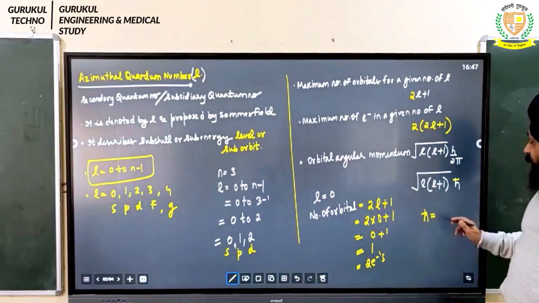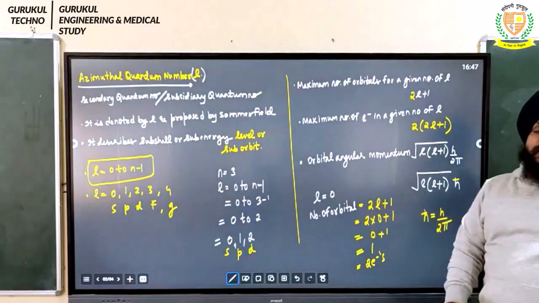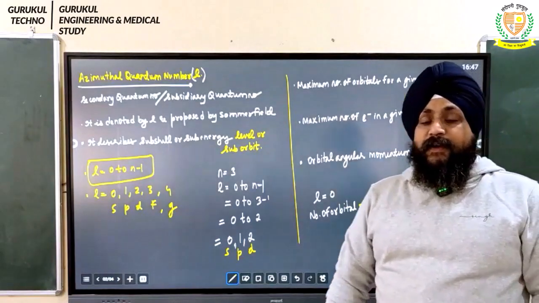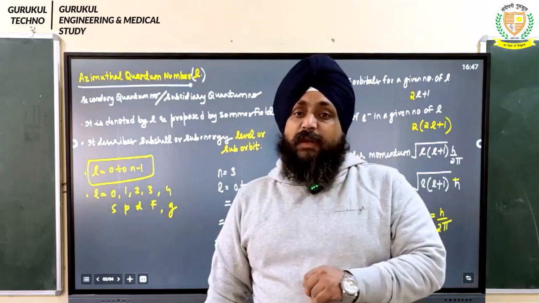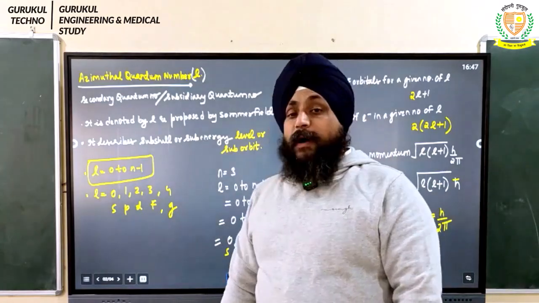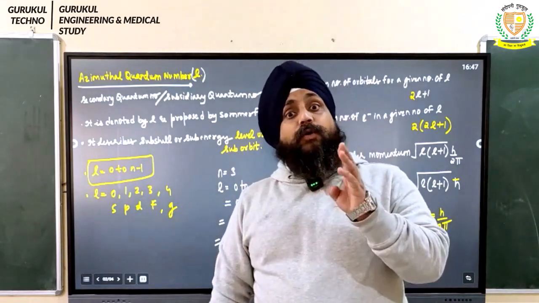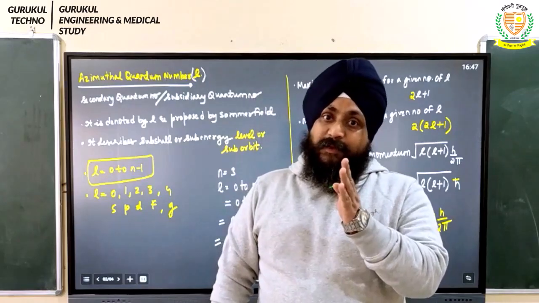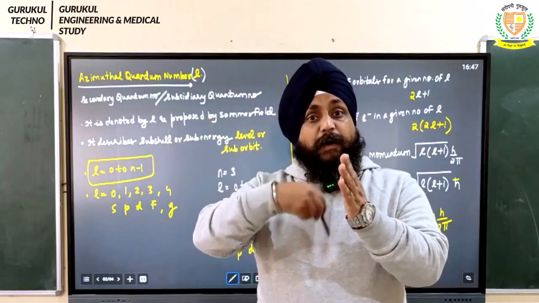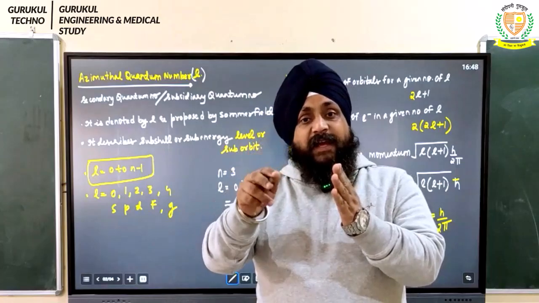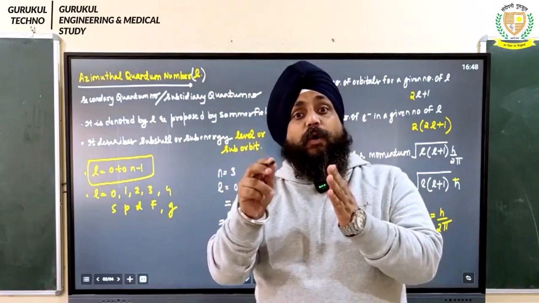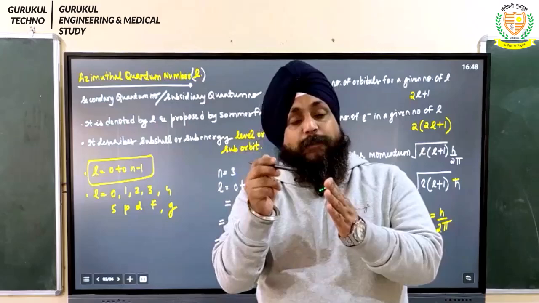It is Planck's constant divided by 2 pi, that is h by 2 pi. So students, in the azimuthal quantum number we talk about the orbital, in the principal quantum number we talk about the shell, and in the azimuthal quantum number we talk about the subshell.